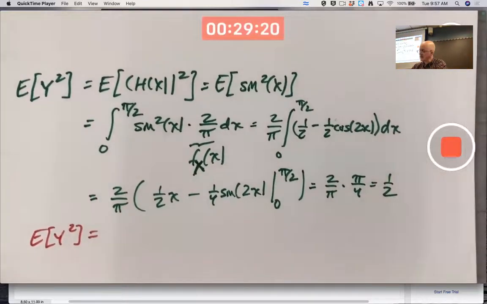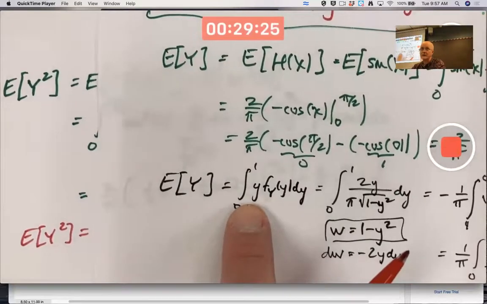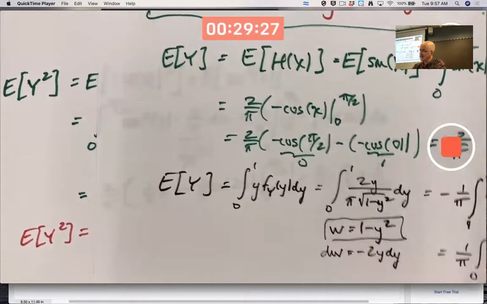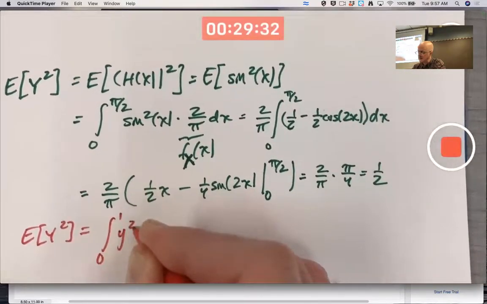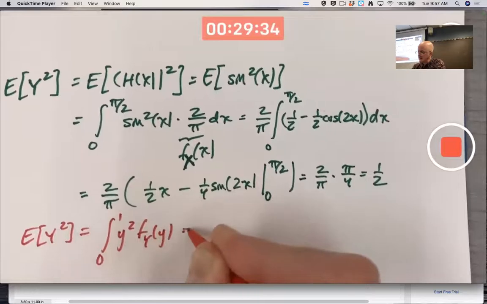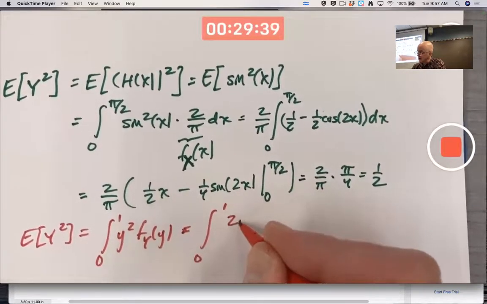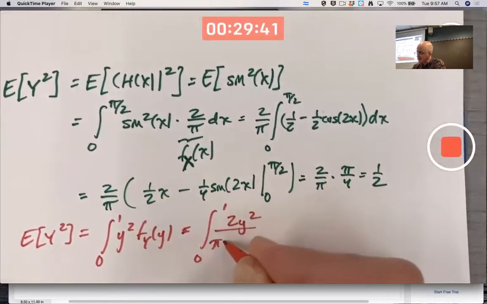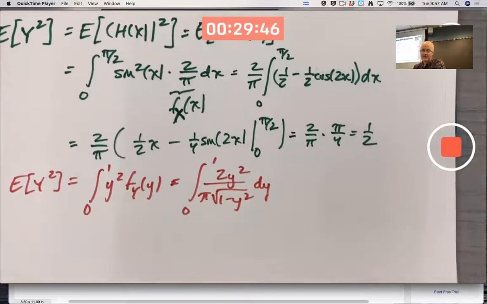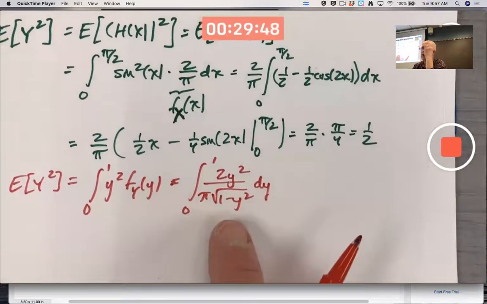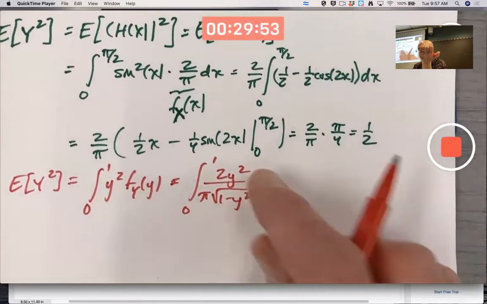So if instead you do it using the PDF of y, kind of like this, except make a y squared there, then you're integrating 2y squared over pi times the square root of 1 minus y squared, which looks really hard to do. And an ordinary substitution that you might try, w equals 1 minus y squared, doesn't seem to help much because it's a y squared up there.